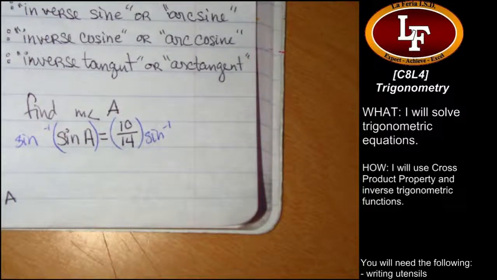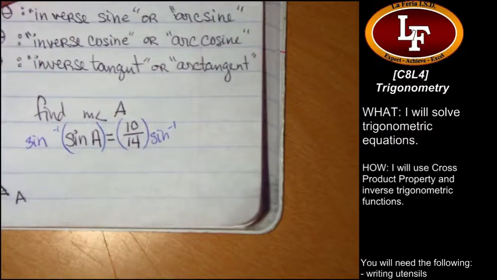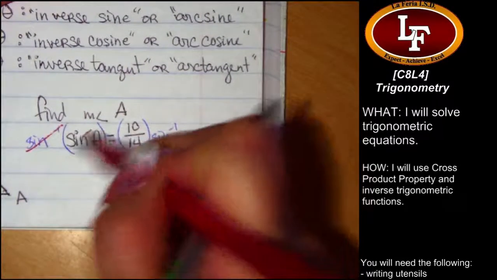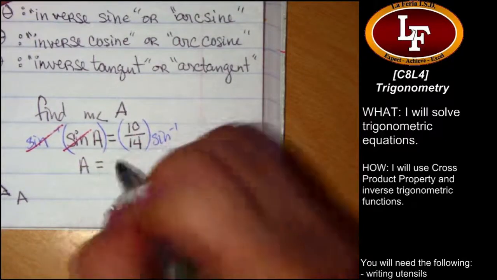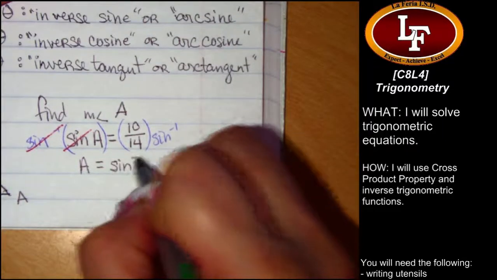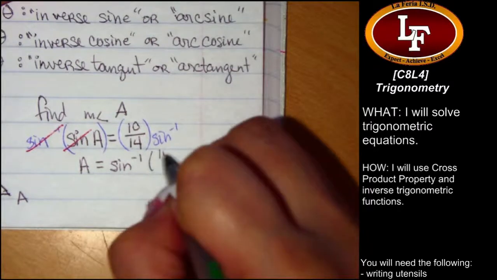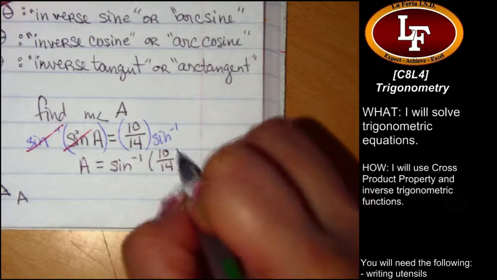On the next line, I'll clean it up and write it the way it's supposed to be written, but when I'm doing scratch work like that, I'm just going to drop it off to the side. Inverse sine and sine cancel each other out, leaving me with the measure of angle A equals the arc sine, or inverse sine, of 10 over 14.